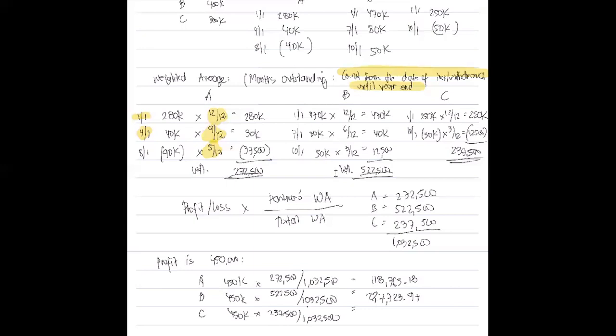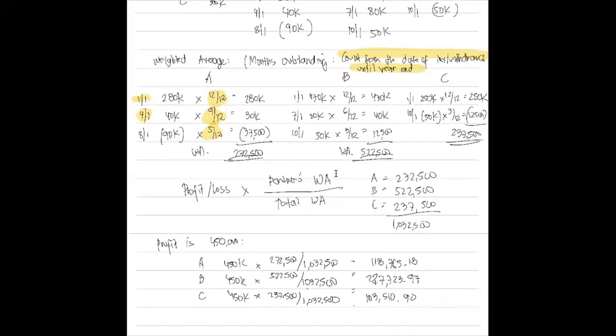So we have 103,510.90. Okay, so we total this one. 103,510.90 plus 227,723.97 plus 118,765.13. So our total here is 450,000. So it is properly allocated.